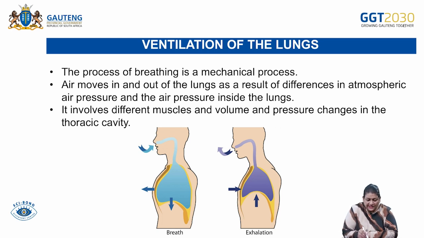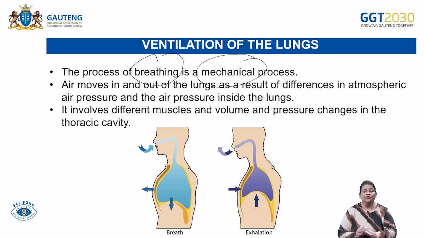So let us first see, do you remember that last week we spoke about breathing, right? And we spoke about that breathing is a mechanical process whereby you can actually see the physical process of breathing. And what is breathing? Where air moves in and out of the lungs as a result of differences in the atmospheric pressure.